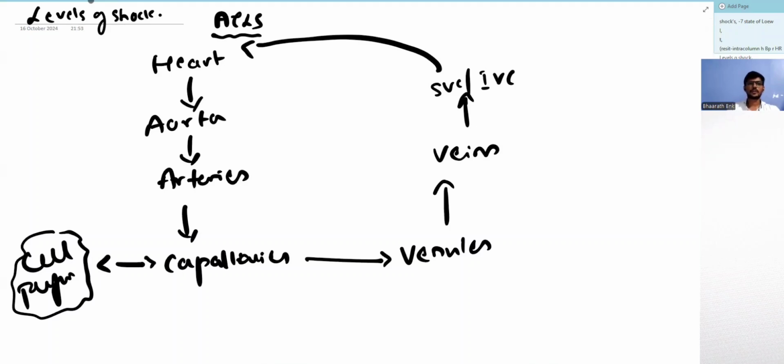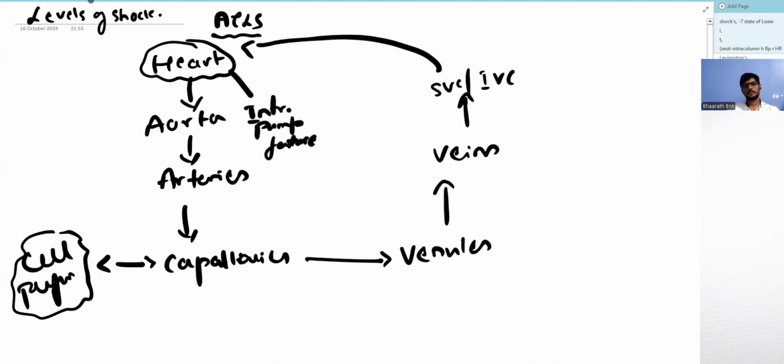The first block, if it is at the heart, is that the heart has failed, which is intrinsic pump failure. The heart has failed to pump the blood because there is a myocardial infarction, or there is a hypertrophic obstructive cardiomyopathy. So this is intrinsic pump failure where the heart is not able to pump the blood, which has led to the shock.